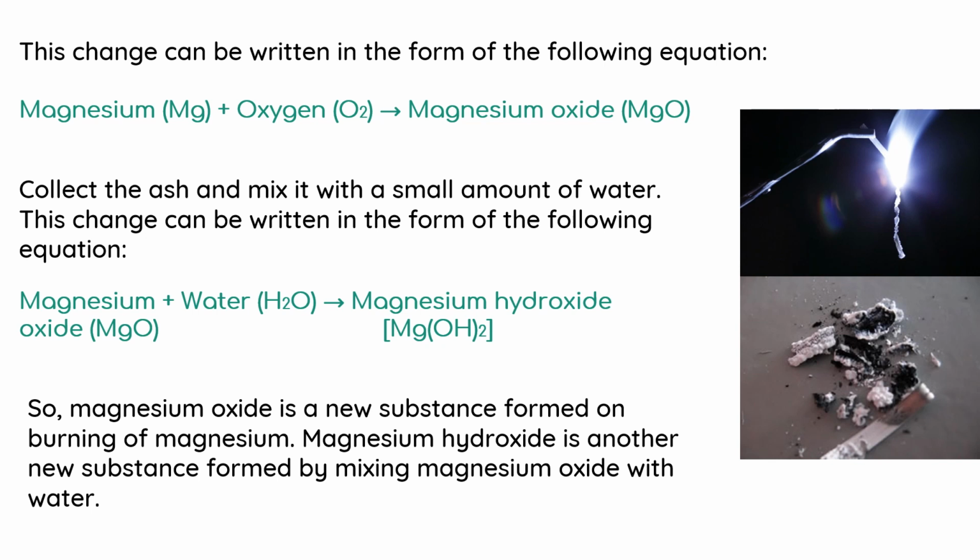This is why we see this example for studying chemical change. In physical change we get no new substance, but in chemical change we get a new substance, and that change is irreversible. We cannot get back the original from the new substance.